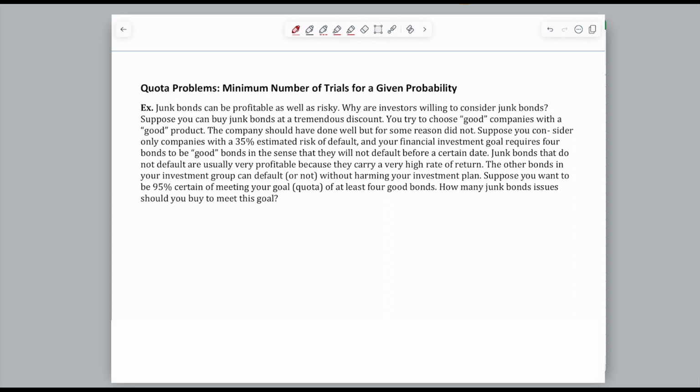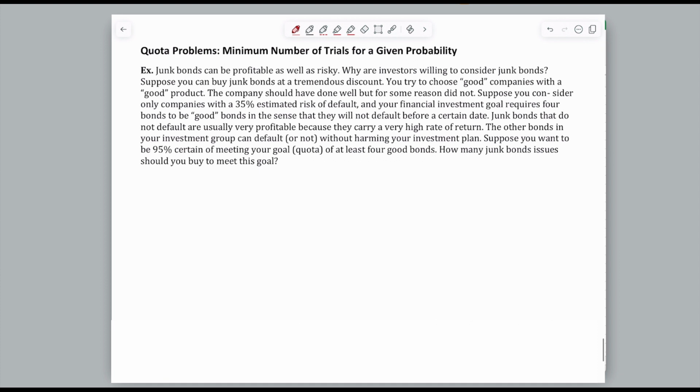Okay, so for this particular problem, a success is a junk bond that turns out to be a good bond. Or more concretely, the single junk bond actually doesn't default.